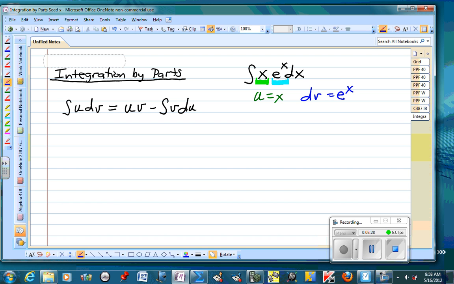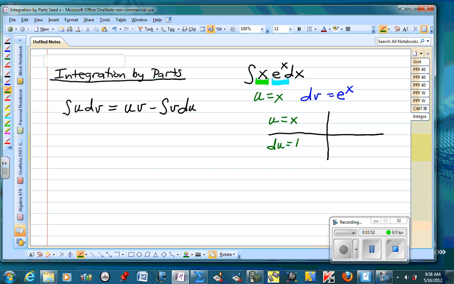Now, there's a little chart we like to use to keep our thoughts straight. And copy this down in your paper. We're going to make 4 little squares here, 4 little quadrants. And on one side, we're going to put u. And then, of course, we're going to have to find a du. The derivative of x with respect to x is just 1 dx.